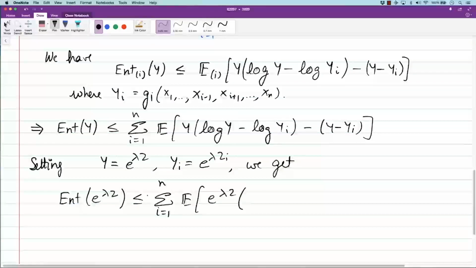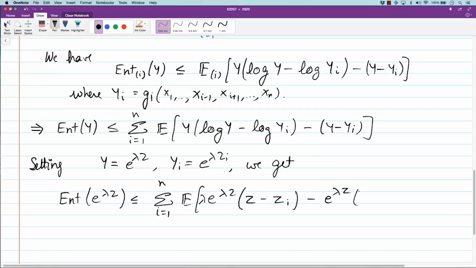log y. That lambda comes out, so that's lambda z minus zi minus, it's better to keep this lambda inside, lambda, this minus e to the power lambda z minus e to the power lambda zi.